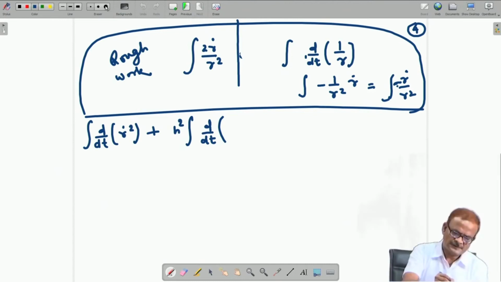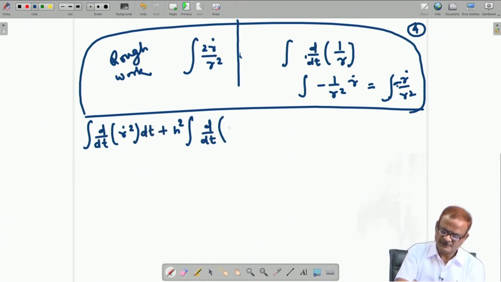So, on the next page then we have: remove this sign first, here integrate it with respect to dt, plus h square by r square dt.